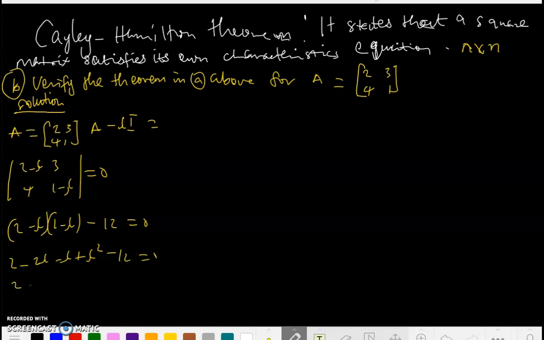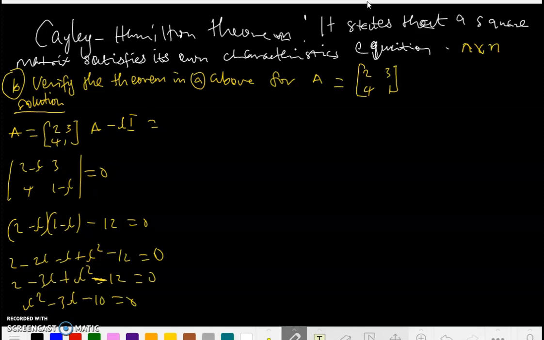So here we have 2 minus 3 lambda, because minus 2 minus 1 is minus 3 lambda, plus lambda squared, minus 12, equal to 0. Of course, 2 minus 12 gives us minus 10. Rearranging, we have lambda squared minus 3 lambda minus 10 equals 0.